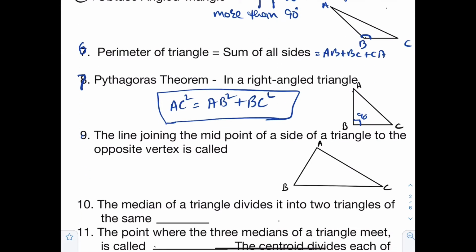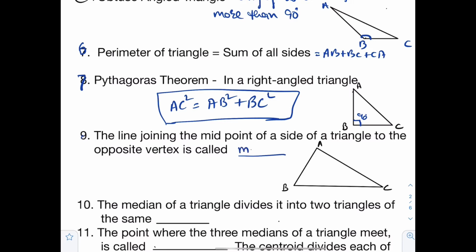Now next one. The line joining the midpoint of a side of a triangle to the opposite vertex is called median. Suppose P is the midpoint of BC, and from A we draw a line, then AP is called median.